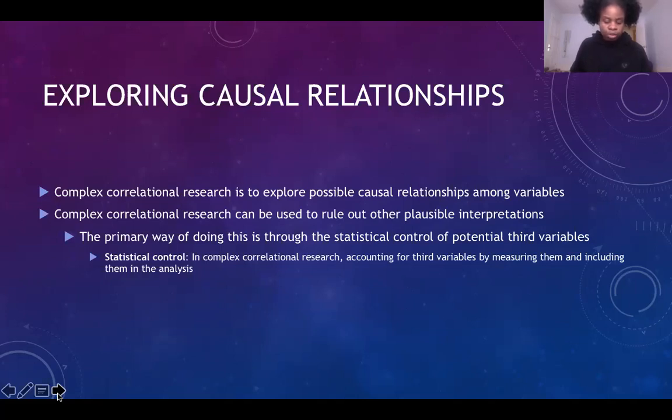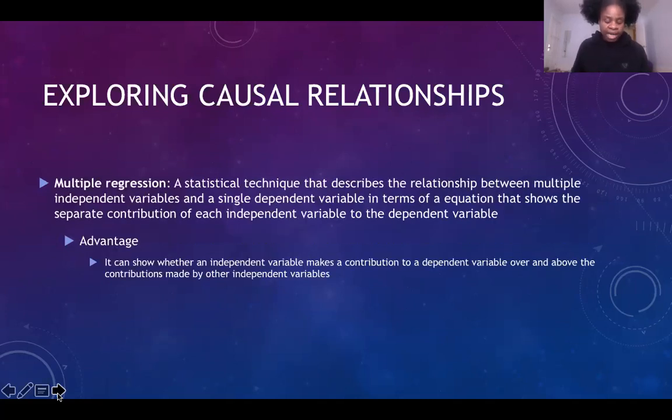The primary way of doing this is through statistical control of potential third variables by measuring them and including them in statistical analysis. Such studies use statistical techniques called multiple regression. Multiple regression is a statistical technique that describes the relationship between multiple independent variables and a single dependent variable in terms of an equation that shows the separate contribution of each independent variable to the dependent variable.